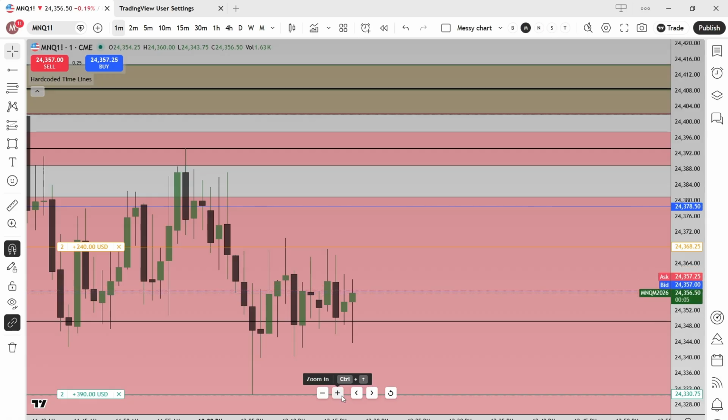Getting close. Wicks are moving fast. It's going to pick a direction real soon.